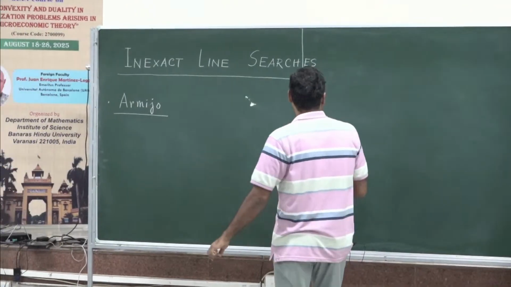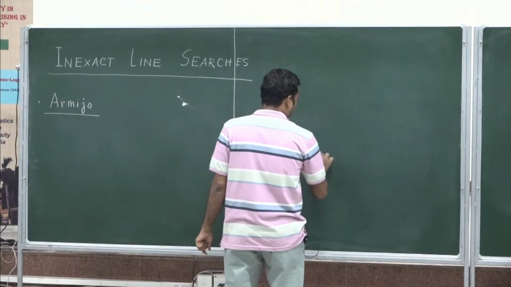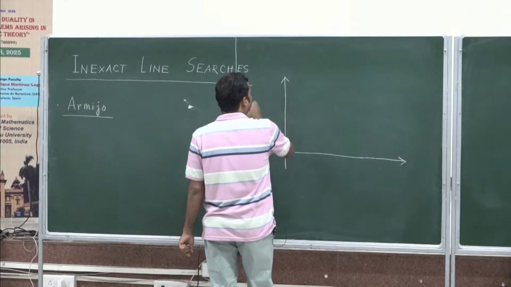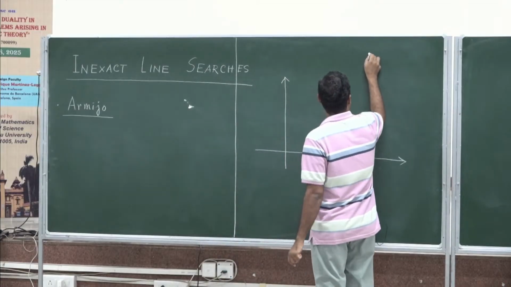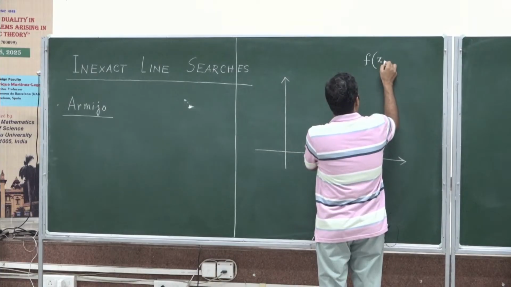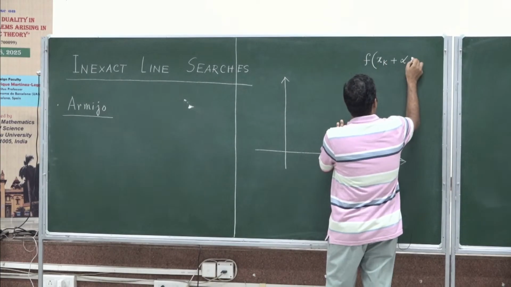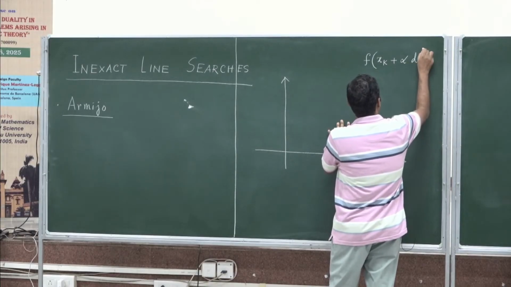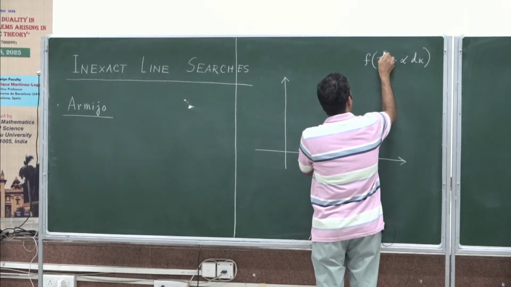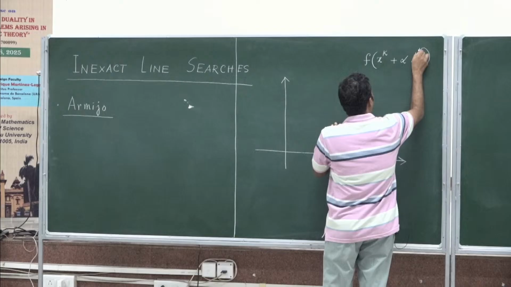Armijo suggested the following procedure: once we are following a line search at a given point x^k, effectively we are trying to figure out a minimum value of the function f(x^k + alpha d^k). Sorry, I was considering superscripts to mention the vectors and subscripts for the scalars.